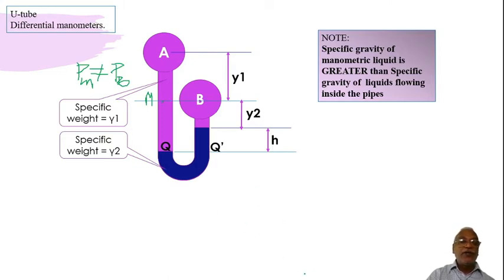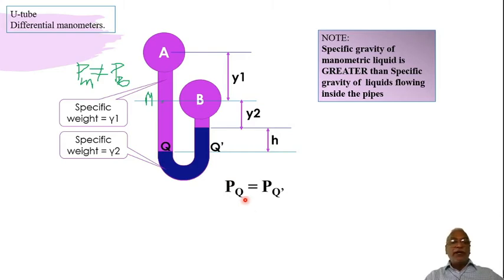Here the blue liquid is continuous, right, and the points Q and Q dashed are in the same continuous liquid medium. Because of that, I can say PQ and PQ dashed are the same. That's what I have written: PQ is equal to PQ dashed.